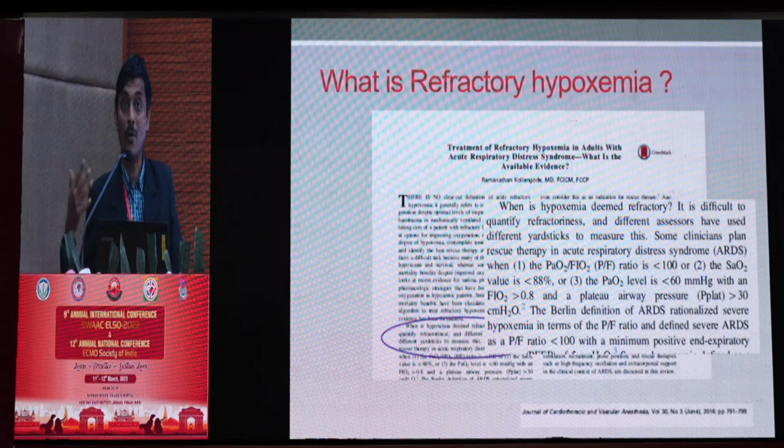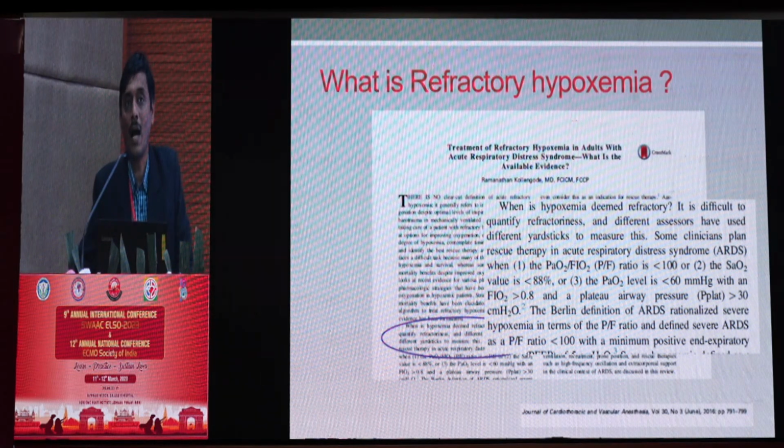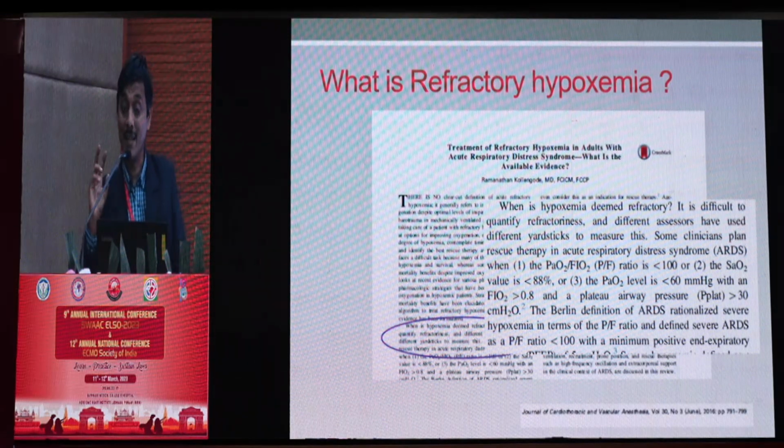You either go by your PF ratios, you go by your Berlin definition, or any other way to define hypoxemia, like how the Cronin investigators did in their trial when they defined refractory hypoxemia. So clearly, there is no consensus as to what refractoriness is when it comes to hypoxemia in ARDS.